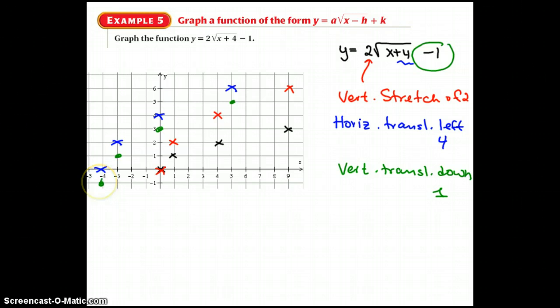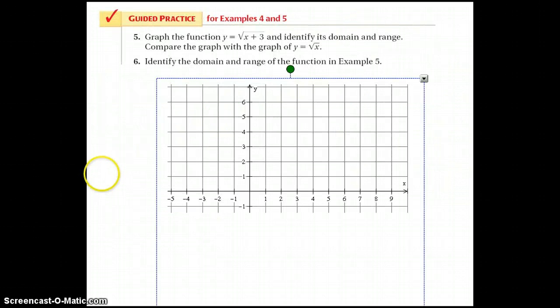And this is going to be my final graph because this is what we get after we stretch it vertically by 2, move it left 4, and move it down 1. So the green is going to be our actual final graph for y is equal to 2 square root of x plus 4 minus 1.